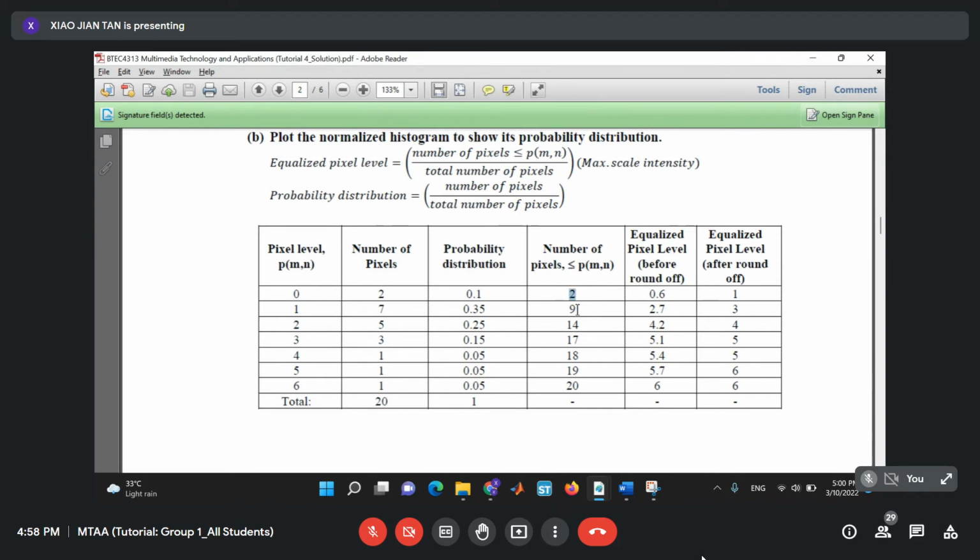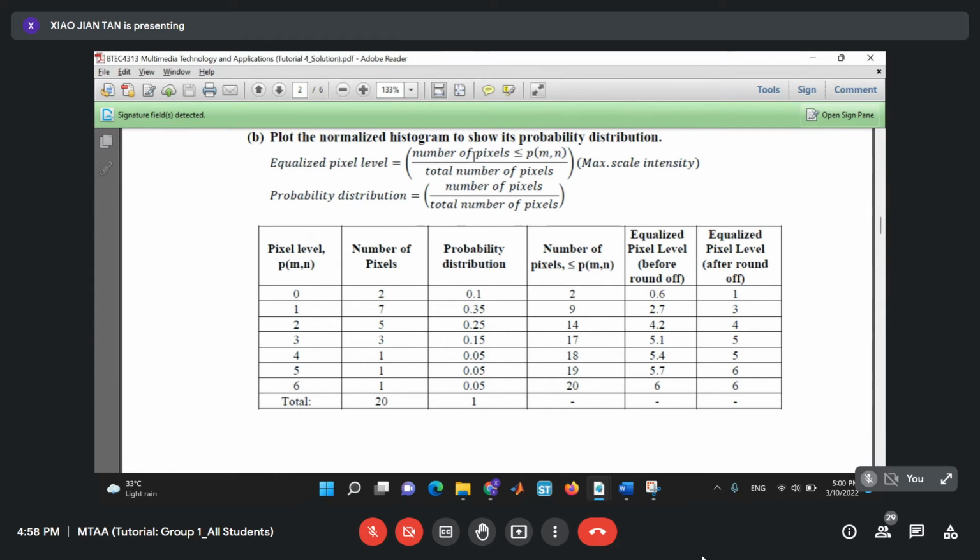Then how many pixels are smaller or equal to 1? 7 plus 2, you get 9. How many are less or equal to 2? 7 plus 2 plus 5, you get 14. Just cumulative, you get 17, 18, 19, and 20. This one doesn't have a total, not applicable.